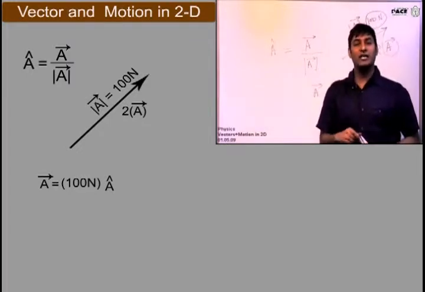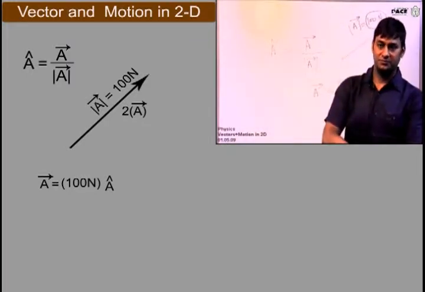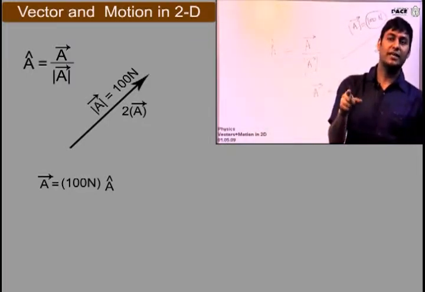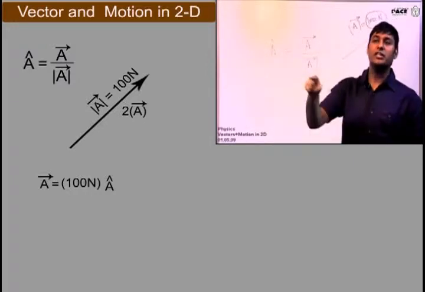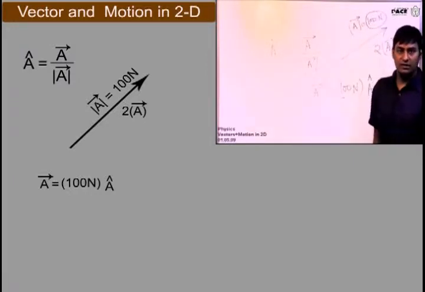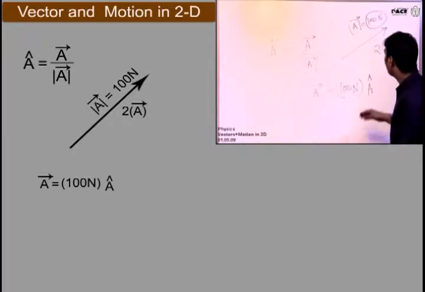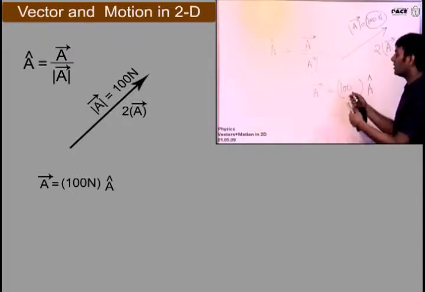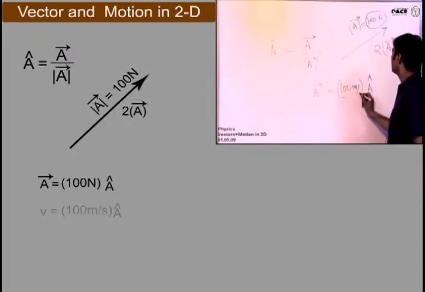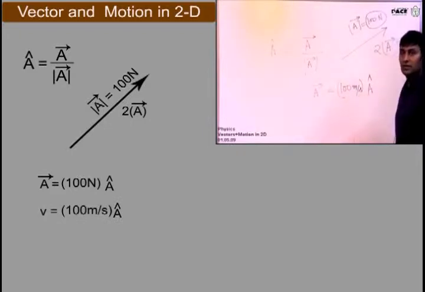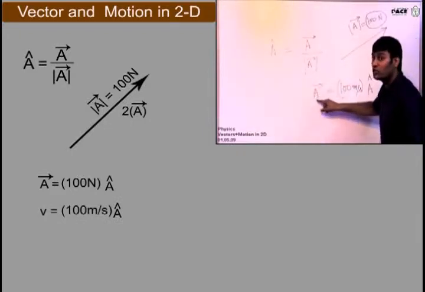There is a very big advantage of a unit vector. Now suppose I say in this direction there is a velocity of a body 100 meters per second. All you have to do is multiply the unit vector with, instead of 100 Newton, you multiply it by 100 meters per second. Now this will represent a force or a velocity?